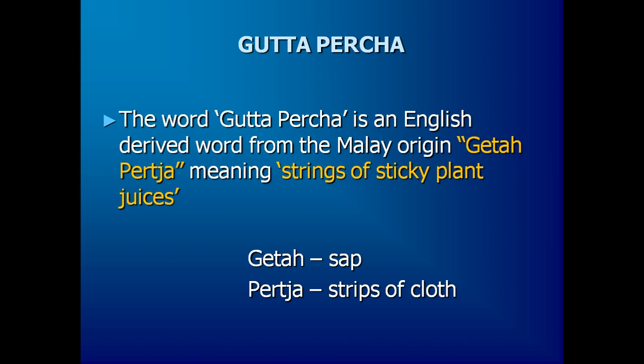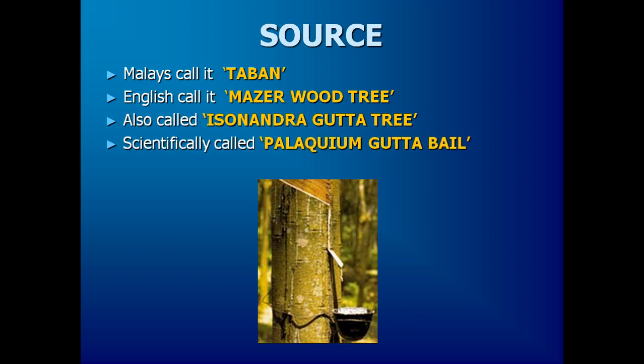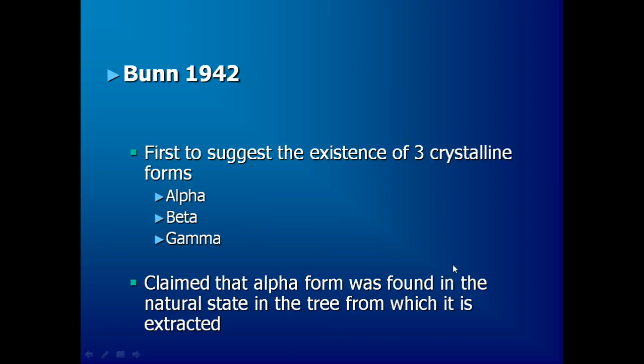Gutta percha means strings of the sticky plant, or sap, which is obtained from the mezar wood tree. Similar to rubber, this is obtained and then processed in the laboratory. But of late, it is also chemically processed. Now, the gutta percha is not obtained from the plant, it is chemically processed in the laboratory.